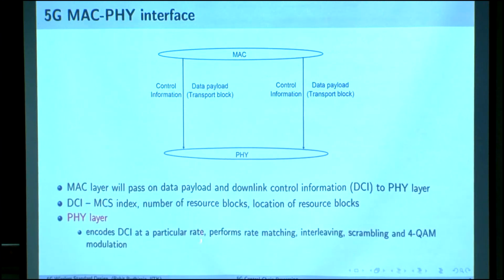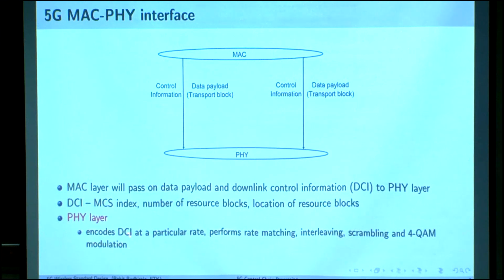What the physical layer does is first use this information to encode the data, then it transmits this information along with data or prior to data. When I'm saying physical layer, this is PDCCH, the physical downlink control channel, not PDSCH. What does this PDCCH chain do?